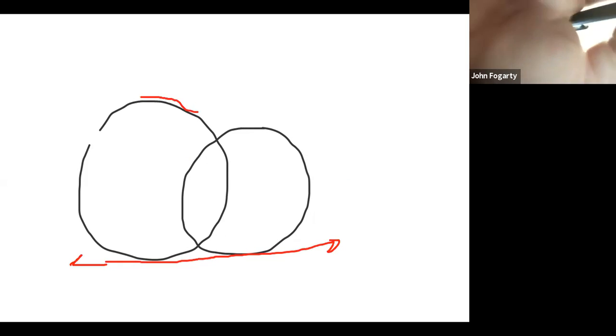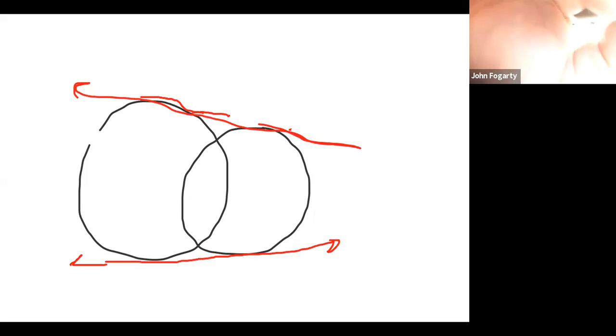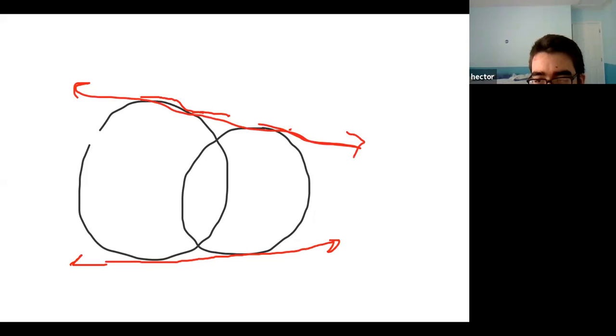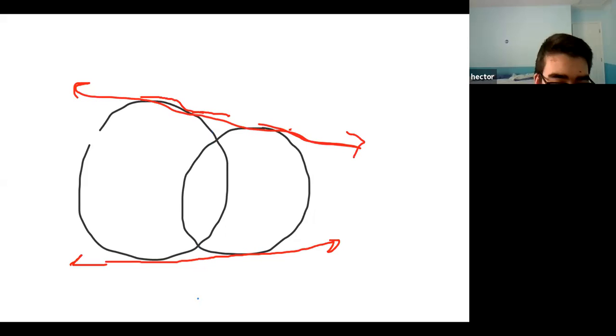Could you put one right to the center, where both circles intercept? Well, you tell me. How many times does that cut? That doesn't work. It cuts the circle twice. All right. So that is an example of when you would have two possibilities.